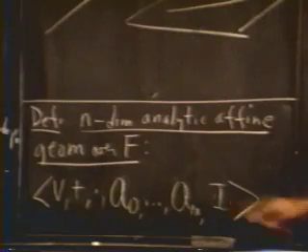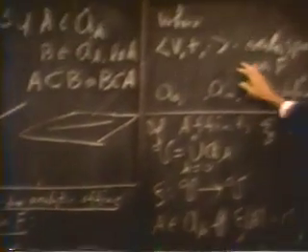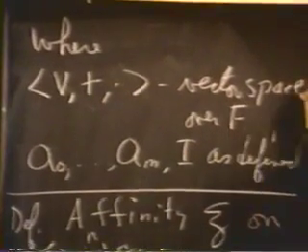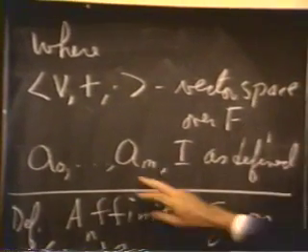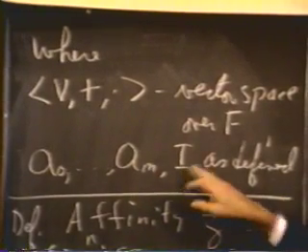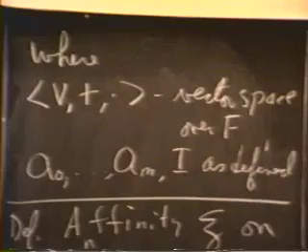So such a structure, where, as already said, V with addition and multiplication is a vector space over F, the varieties are as defined, and the incidence relation is as defined. That's what we mean by a geometry.